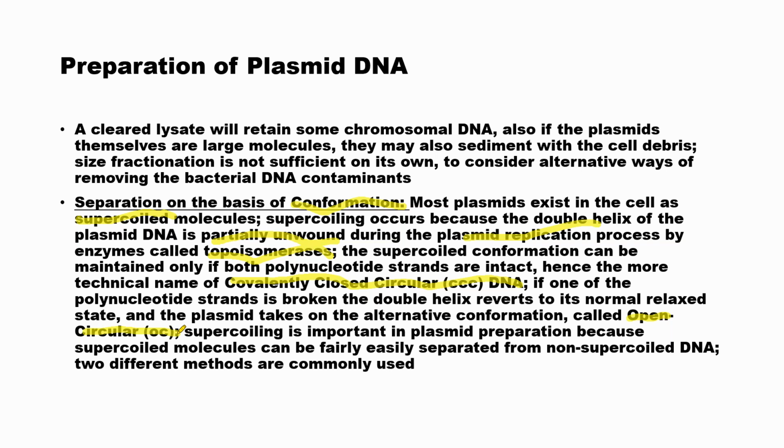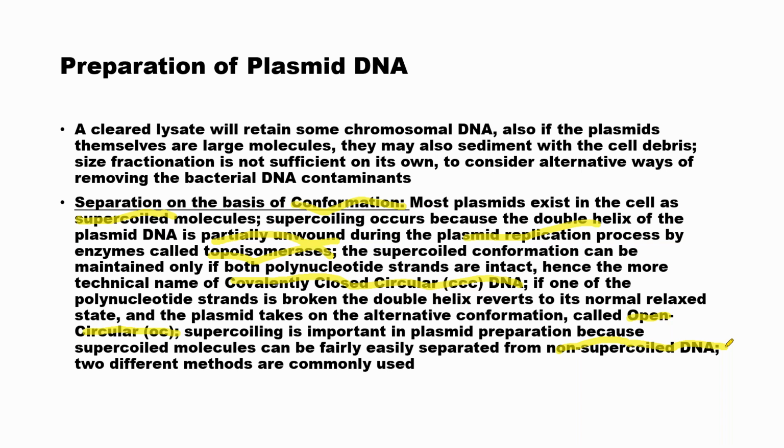Now, supercoiling is important in plasmid preparation because supercoiled molecules can be fairly easily separated from non-supercoiled DNA. So this is the factor we are using for the preparation of plasmid DNA on the basis of conformation.